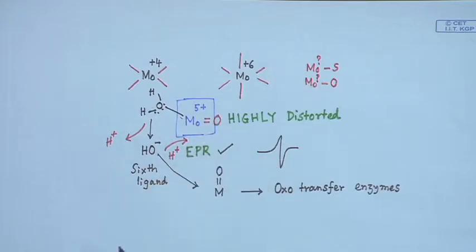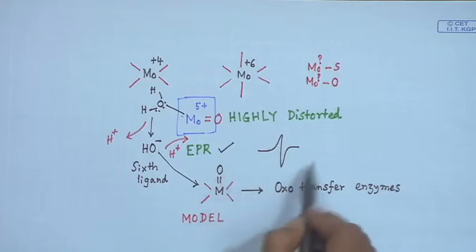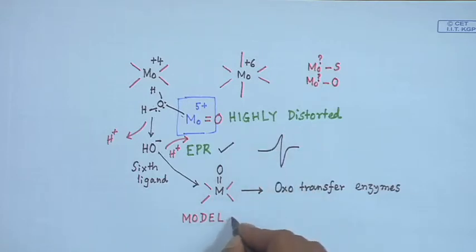That molybdenum oxo species is the main point for the oxo transfer enzyme, and if we are lucky enough to prepare several of these oxo compounds in the laboratory as model compounds, they serve as very good model species to study the reactivity, say, as a good example for the corresponding EPR spectra.